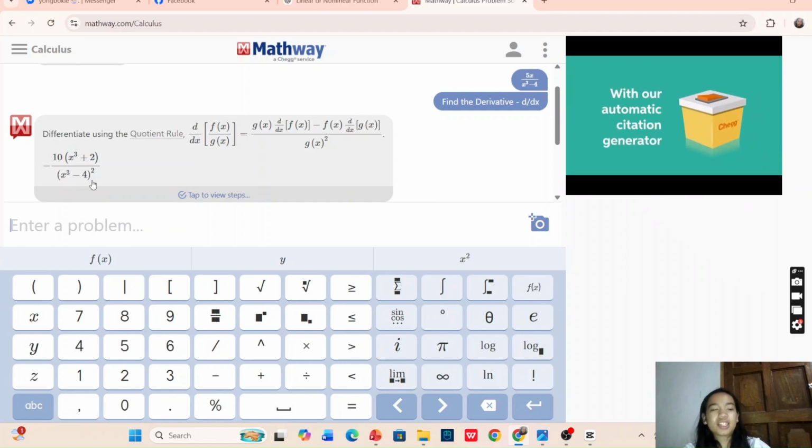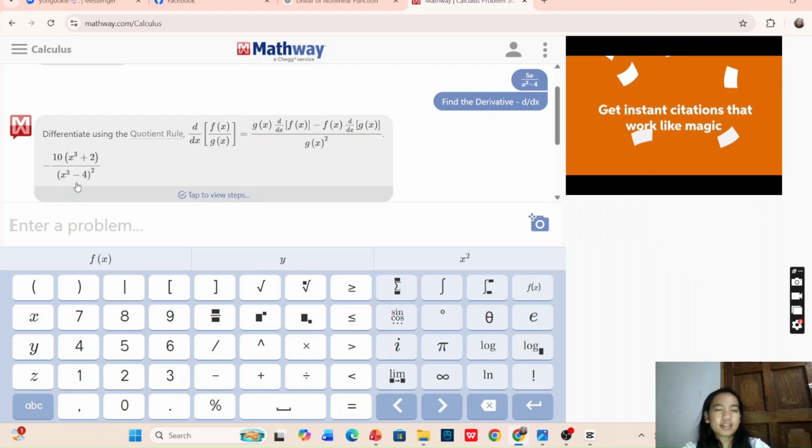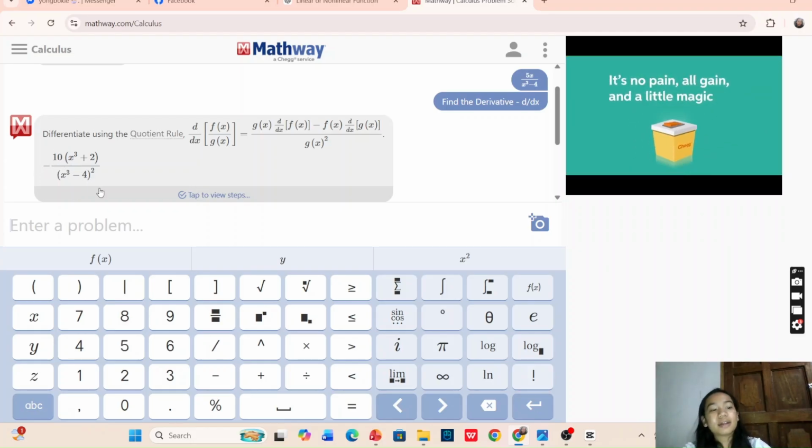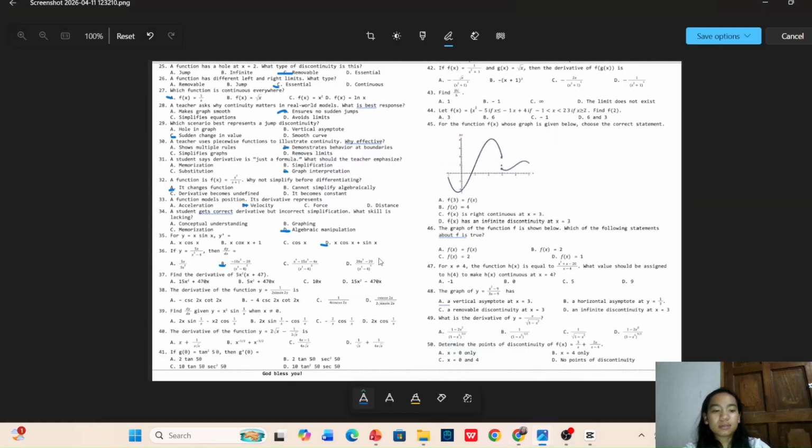We will not touch the denominator because it doesn't have a common factor with the numerator at all. So again, the correct answer for this is negative 10 times the quantity of x cubed plus 2 all over x cubed minus 4 to the power of 2. So this is simplified. Going back to our item, the correct answer is letter B.